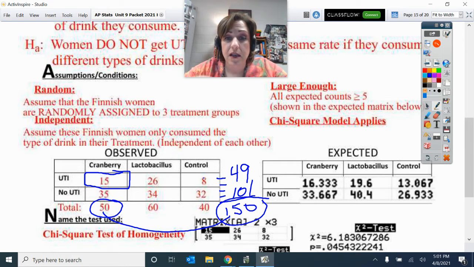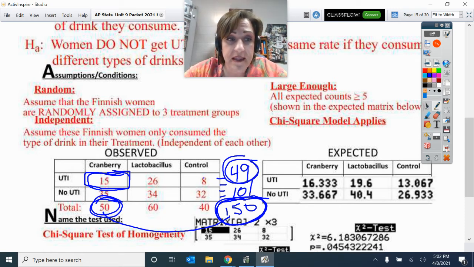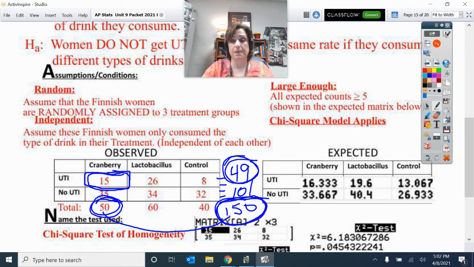And then of those, here is the UTI rate, 49 out of the 150, okay? And so to get what was expected right here, we want to do this rate in terms of this amount of UTIs.